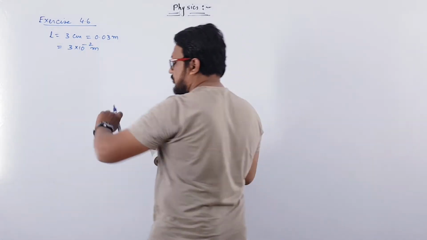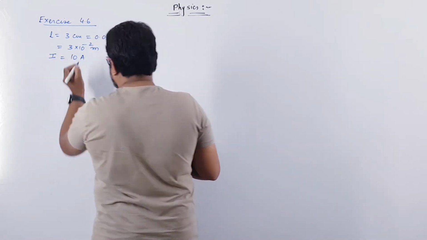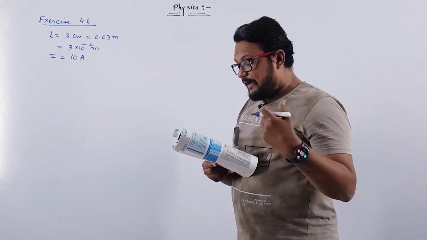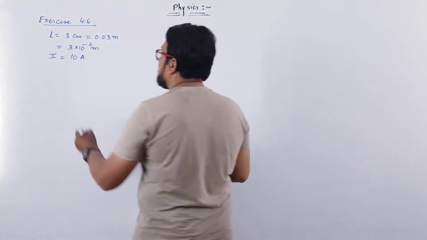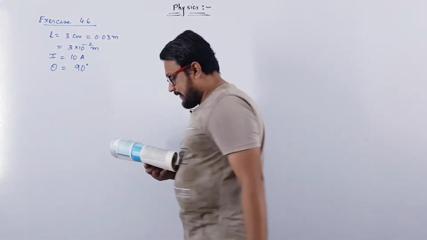So current I is given as 10 ampere. It is placed inside the solenoid perpendicular to its axis, meaning angle theta is 90 degree.